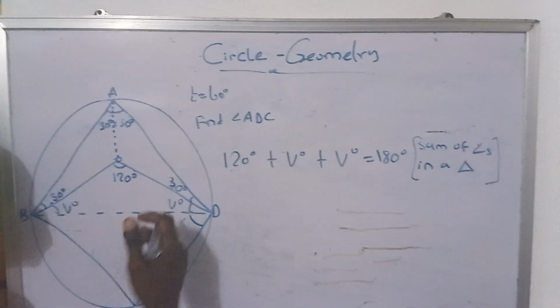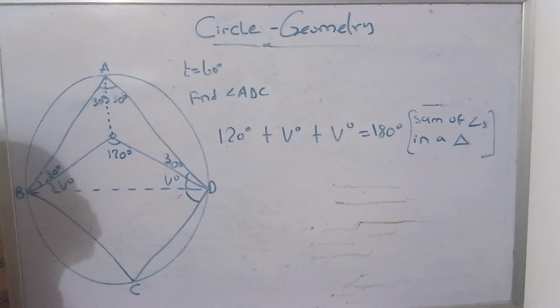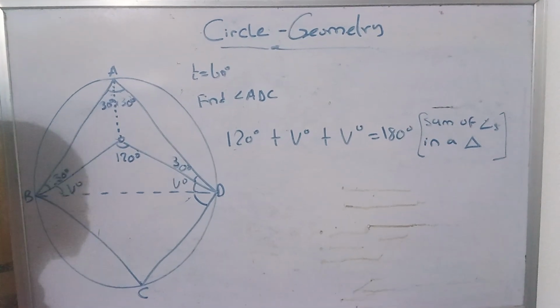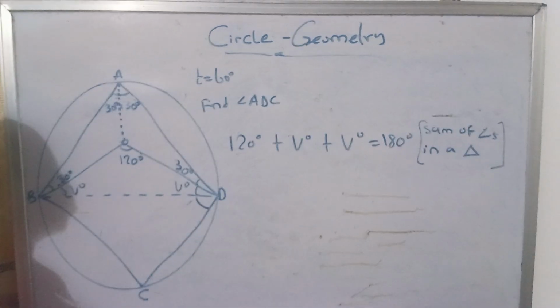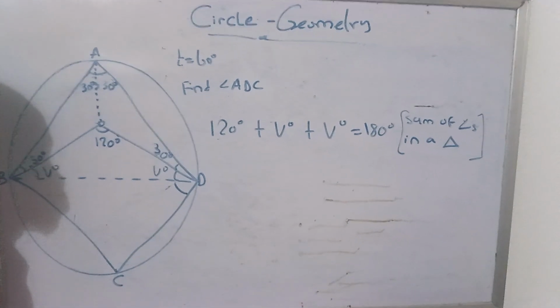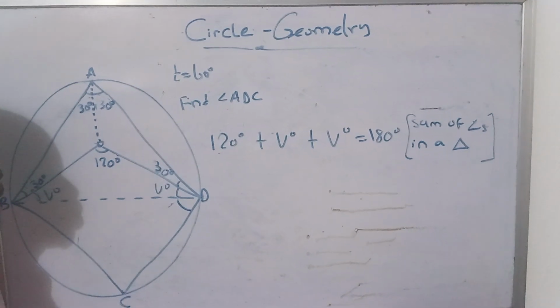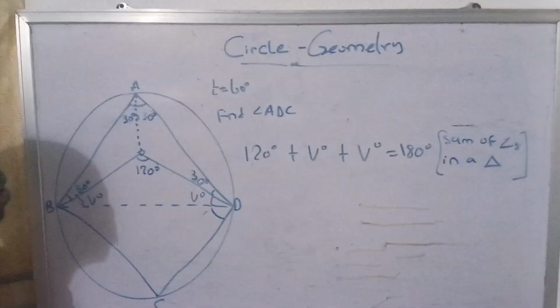So once you have expressed your arithmetic, you need to put your theorem there. If you don't put a theorem in the solvings in circle geometry, no matter how you are getting it right, you are going to have yourself no mark. That's just what the WAEC marking guide says. Alright, so let's continue and get this v.